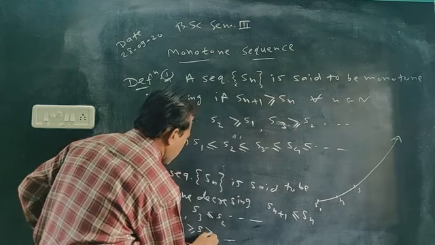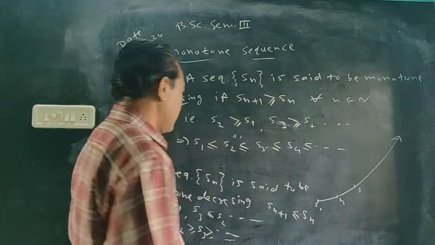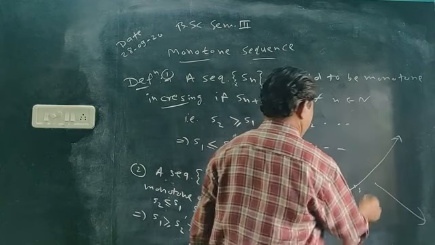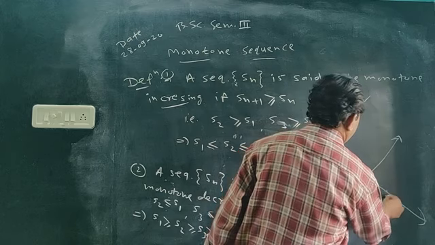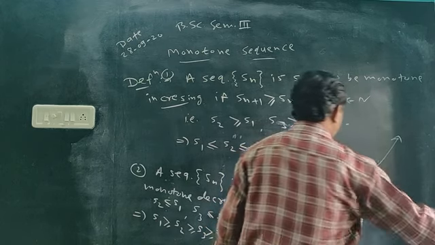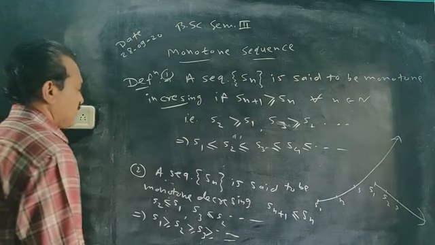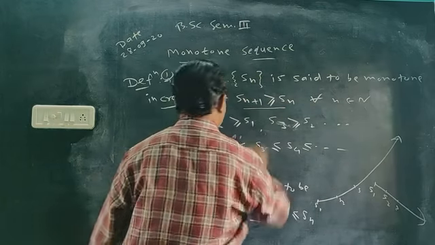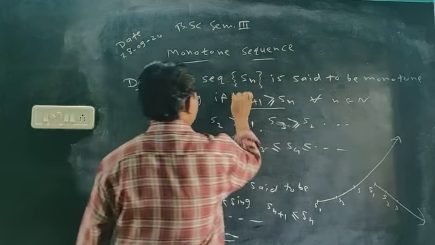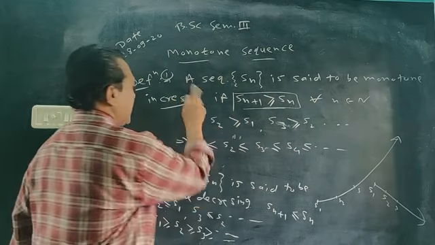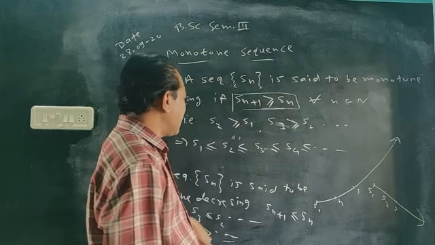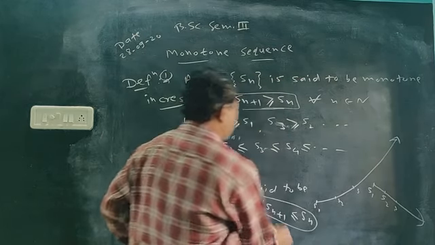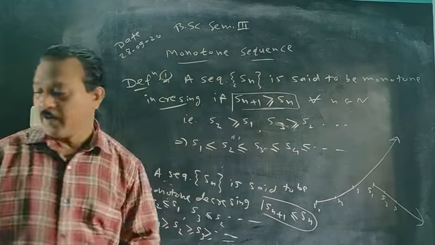The graph now decreases: S1 here is biggest, then S2, S3, so the graph decreases. Know this by definition: Sn plus 1 greater than Sn is increasing, Sn plus 1 less than Sn is decreasing.